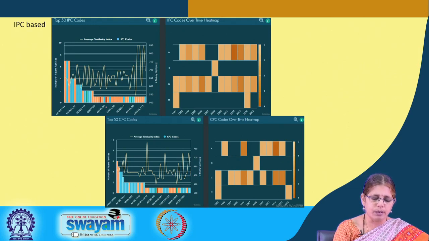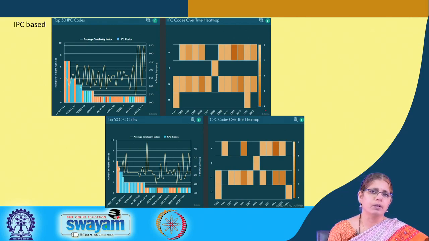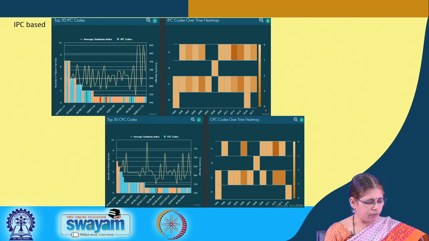Then you have the A class also represented, and one can also see the growth over time from 1985 here to 2017. So, this is how one can look at the availability of analytical tools which provide for this sort of visualization of data.